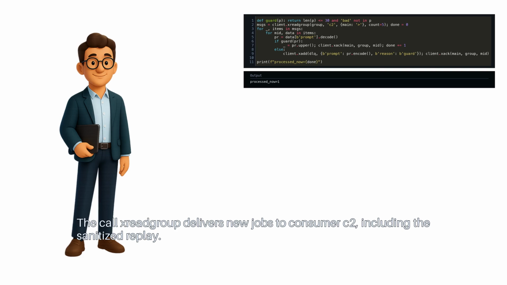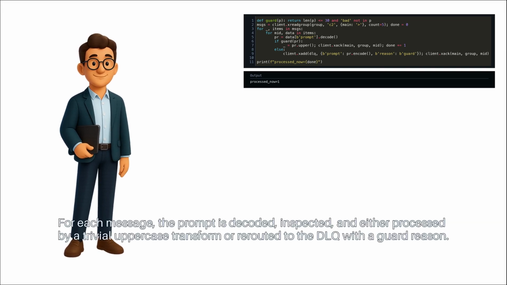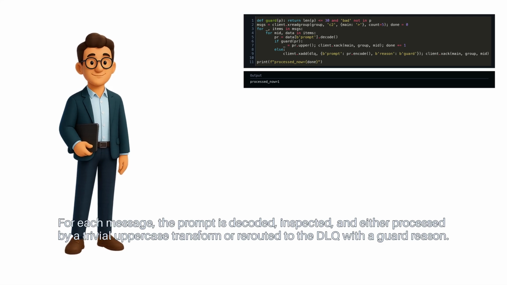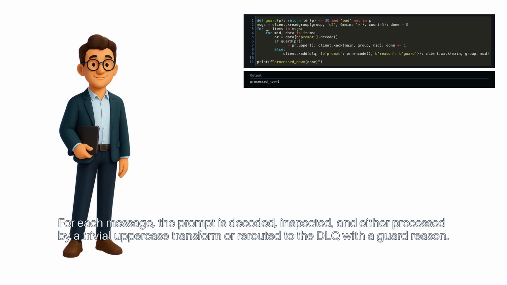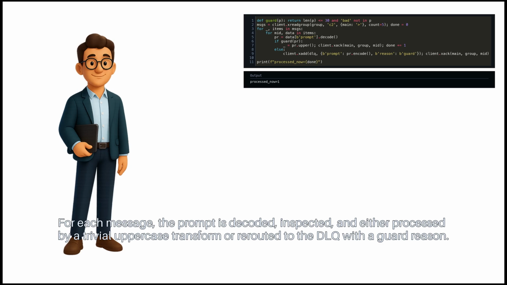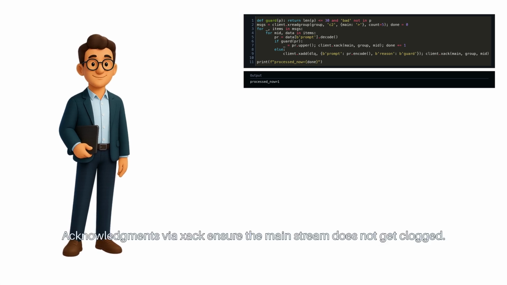The call xreadgroup delivers new jobs to consumer C2, including the sanitized replay. For each message, the prompt is decoded, inspected, and either processed by a trivial uppercase transform or rerouted to the DLQ with a guard reason. Acknowledgements via xack ensure the main stream does not get clogged.